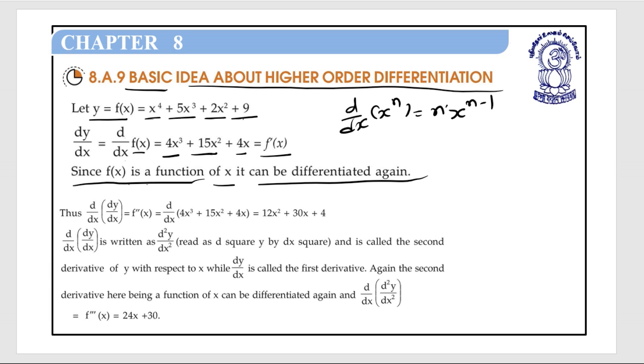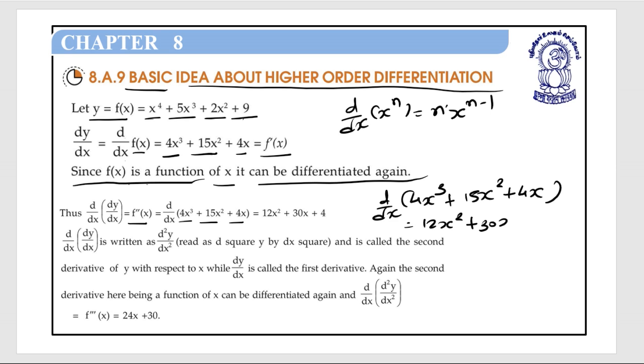Since f dash x is a function of x, it can be differentiated again. d by dx of dy by dx is equal to f double dash x. So take d by dx of 4x cube plus 15x square plus 4x, another differentiation, second time differentiation. 4 3s are 12x square, 15 2s are 30x plus 4.